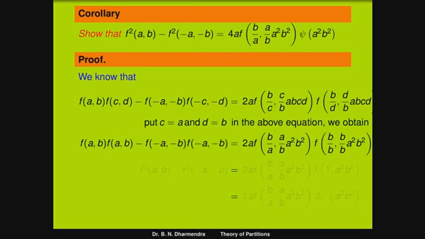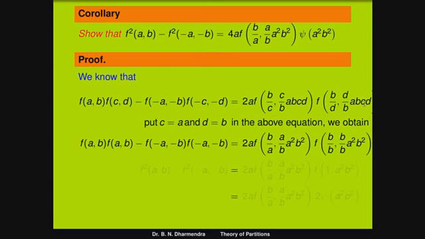Here c by a gives a into a squared, d by b gives b into b squared, and in the f terms d by b is b by b, which is 1, here also 1.